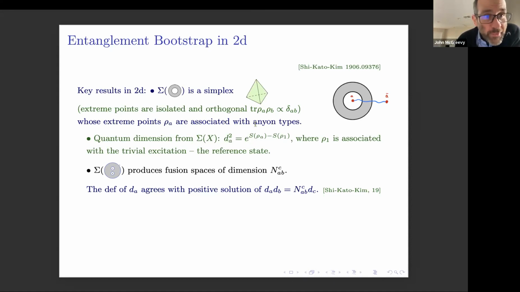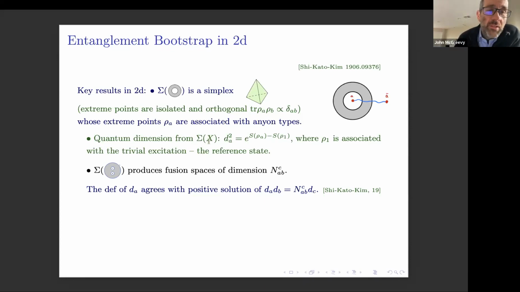We can associate the extreme points of the information convex set of the annulus with anion types. The picture is basically what I explained already: if I make a state by inserting an anion into the middle of the annulus, the reduced density matrix of the annulus is one of these extreme points. Okay, so from this density matrix, we can extract various information, in particular the quantum dimension of the anion.